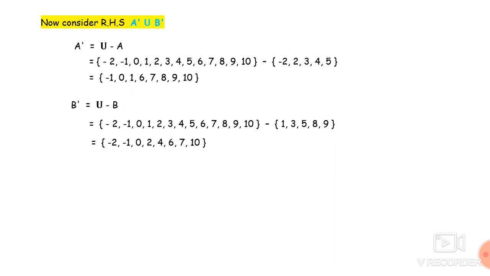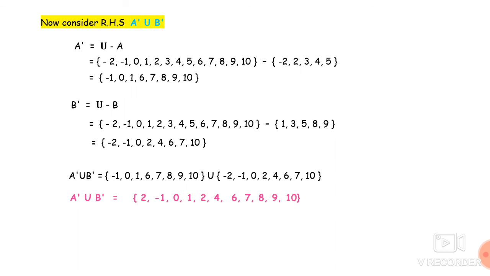Now we will find the union of A complement and B complement. We will get -2, -1, 0, 1, 2, 4, 6, 7, 8, 9 and 10. In a union, we write down all the elements that belong to either set, but do not repeat an element. So here we can see our left hand side and right hand side are both equal. It means we have verified the law.